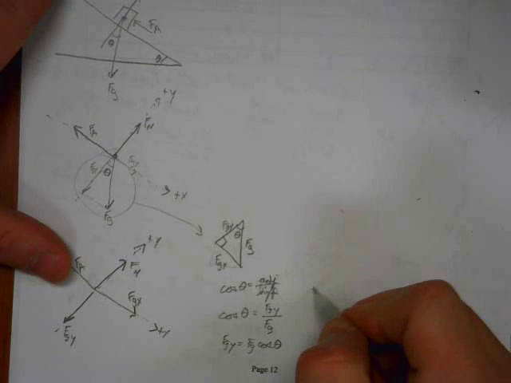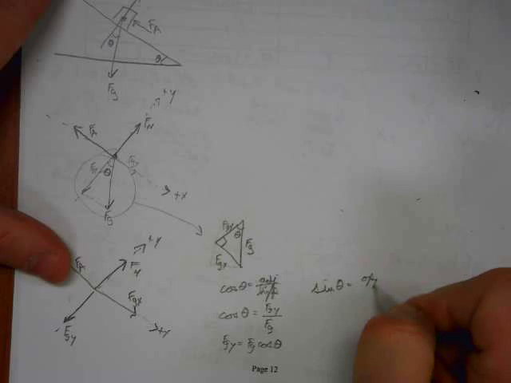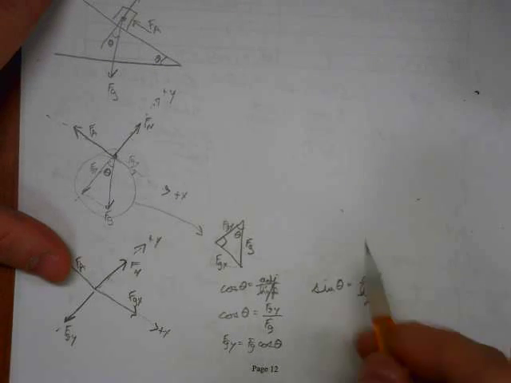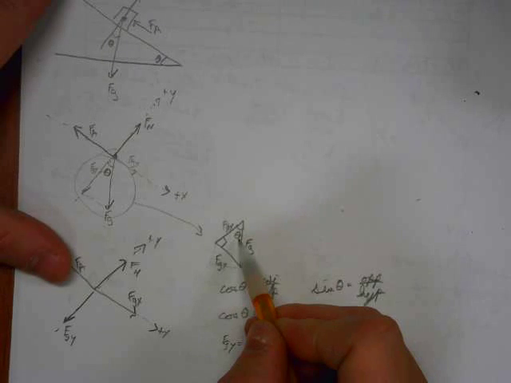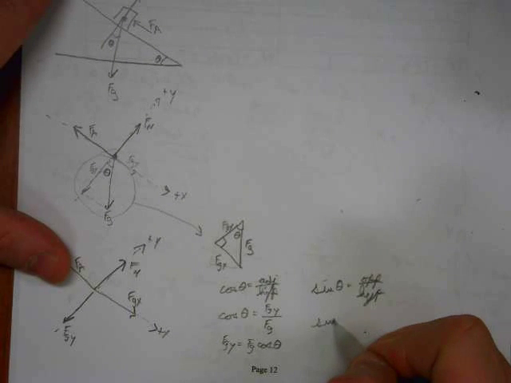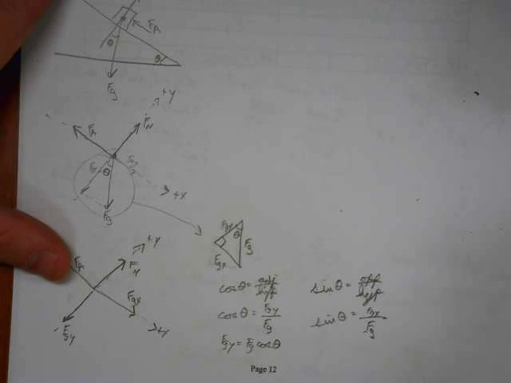Similarly, we go with sine of theta, which this time equals opposite over hypotenuse. So the opposite leg of the triangle, opposite from the angle theta, is FGX, and the hypotenuse, as usual, is just FG, the original vector we started with.